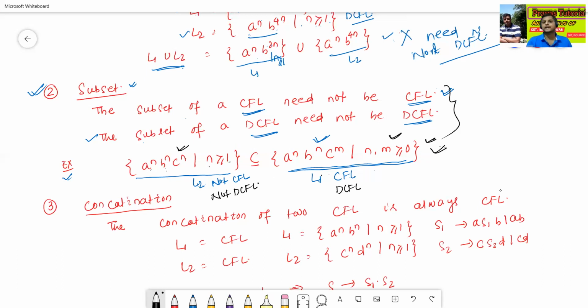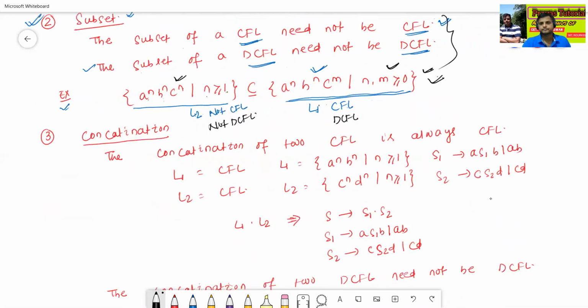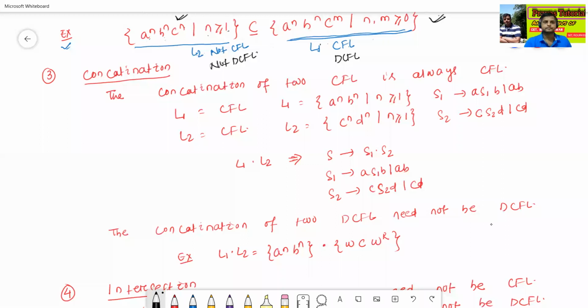Next one, concatenation. The next closure property is called the concatenation operation. The concatenation of two context-free languages is always a context-free language.